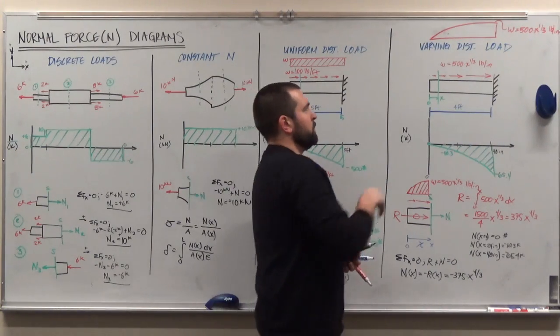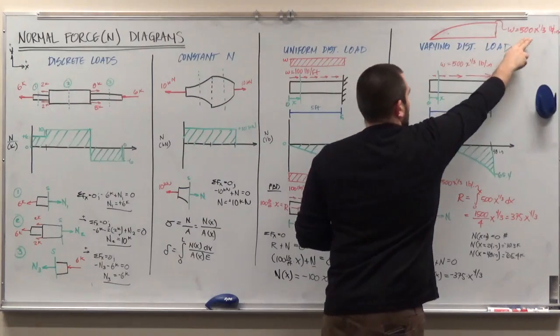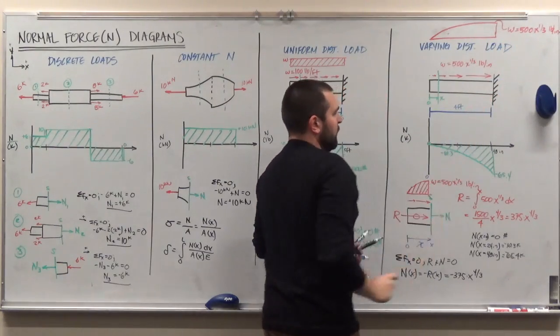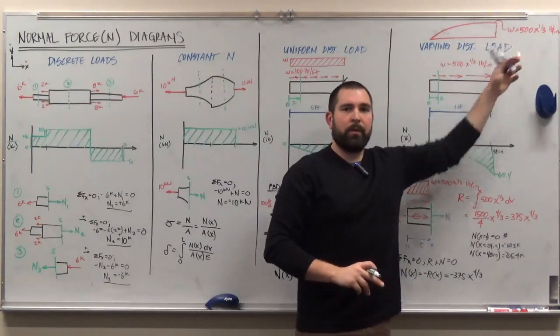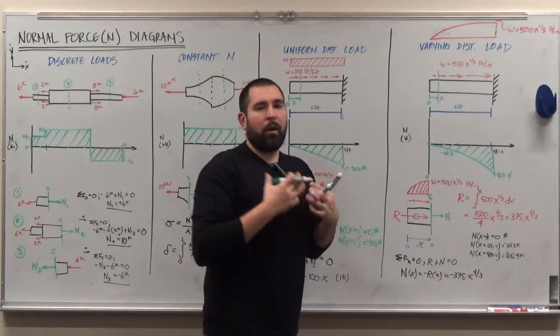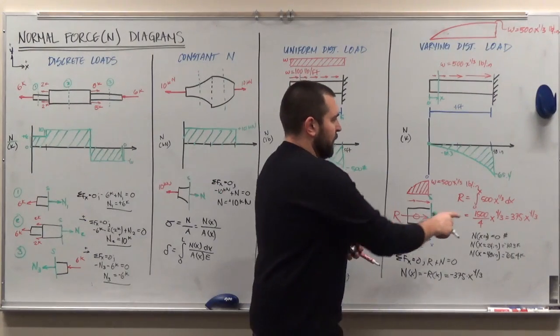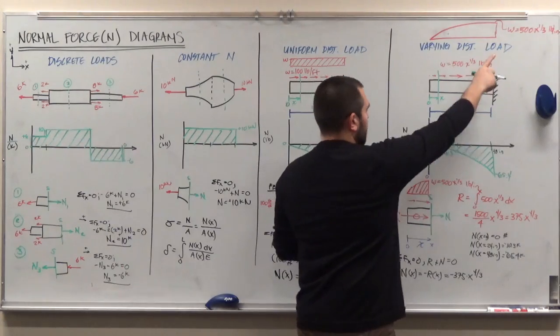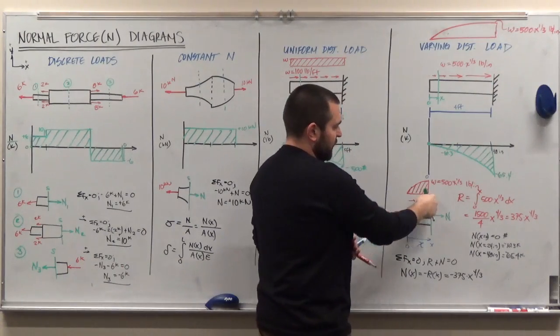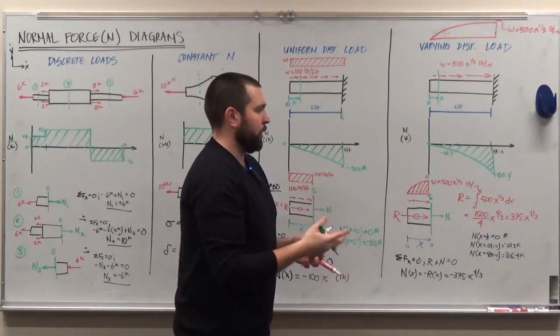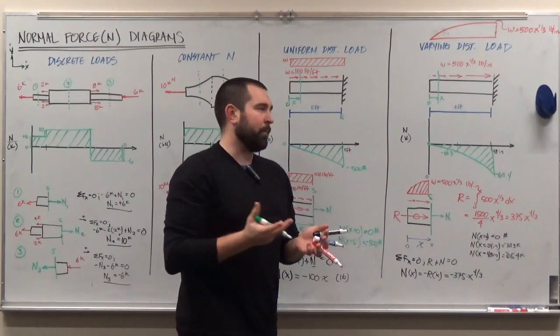A lot of students will just plug in the value of x here at the end to our distributed load equation. But again, always check the units on your final answer. Here we went from pounds per inch for W, and we multiplied it by this distance x. So we went from pounds per inch times inch was pounds, so we ended up in force.